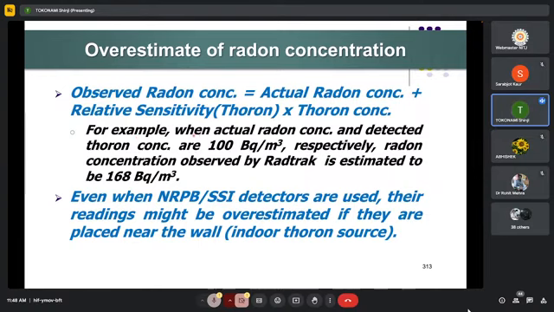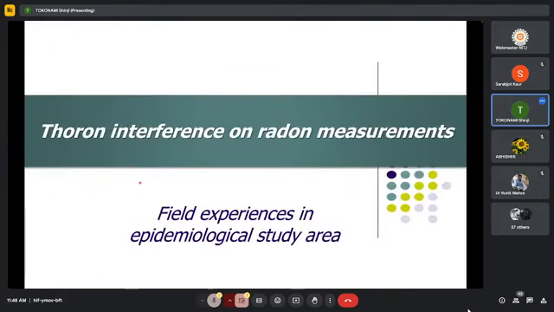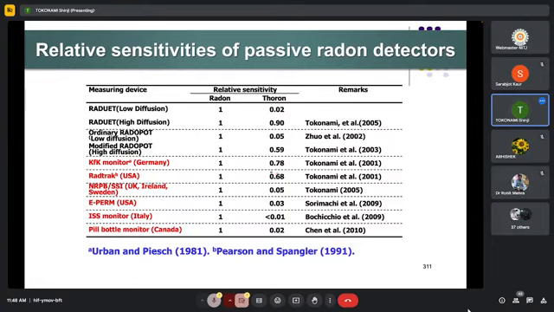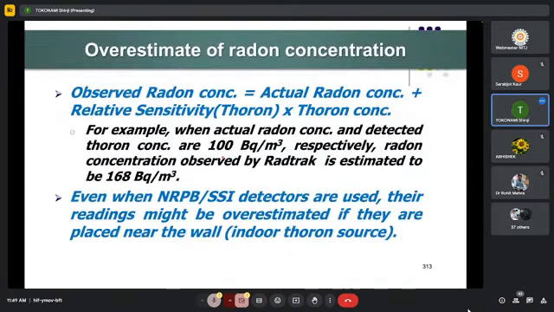For example, when actual radon concentration and thoron concentration are each 100 becquerel per cubic meter, the radon concentration observed by Radotrack is estimated to be 168. Look at this: 68% sensitivity for thoron compared to radon. Therefore, the detector reading gives 168 becquerel per cubic meter.